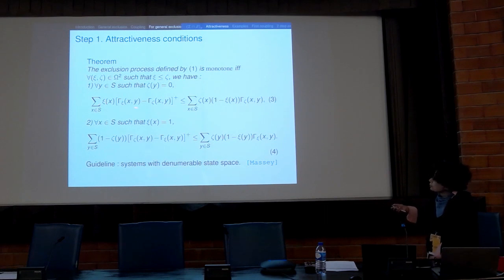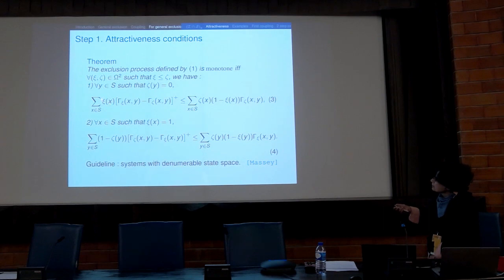And here you have a jump rate concerning only the first configuration psi. So what happens with this jump rate? It's some excess rate to jump from x to y. So we have gamma zeta, and we are assuming that there is more in gamma psi than in gamma zeta. So here there is a positive part. And so here we have a jump from x to y for psi.